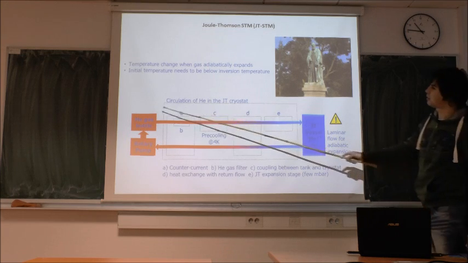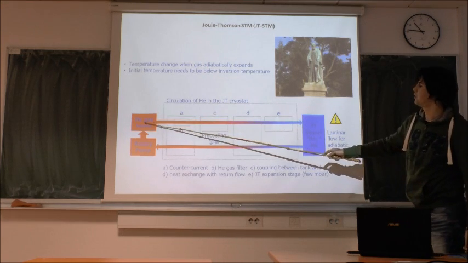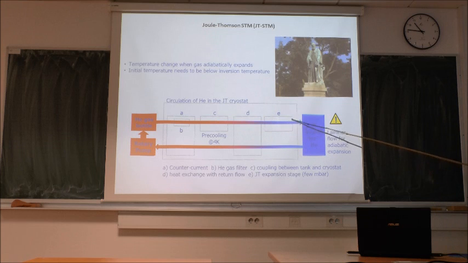We have a helium gas bottle. We cool this helium gas to about 4 Kelvin, and then we use a very strong pump to expand this gas, and we get something which is cooled to around 1 Kelvin.